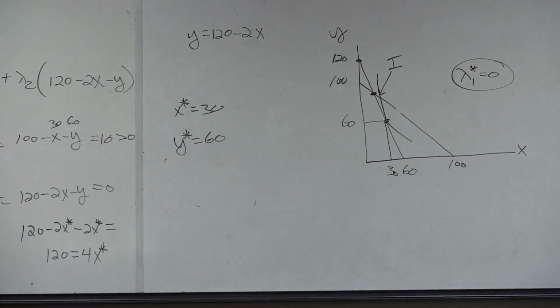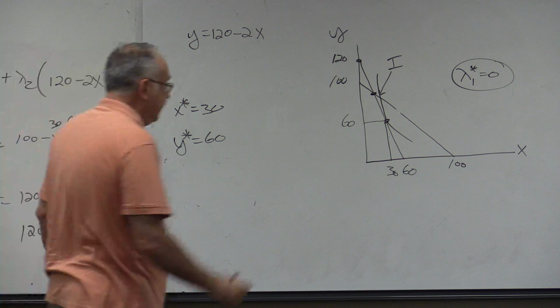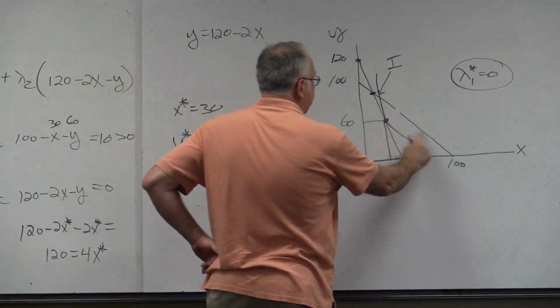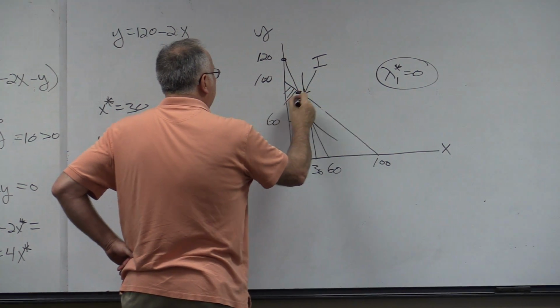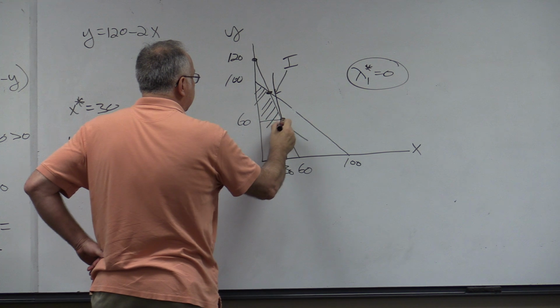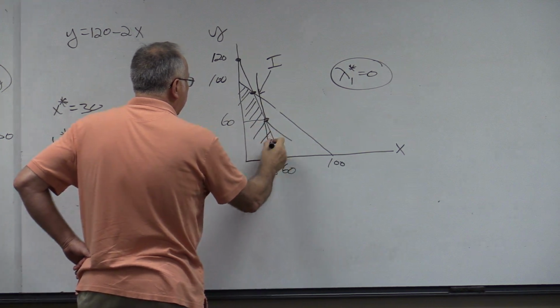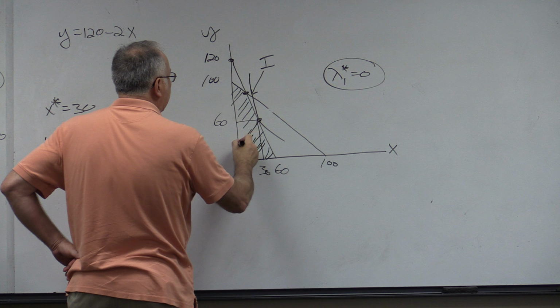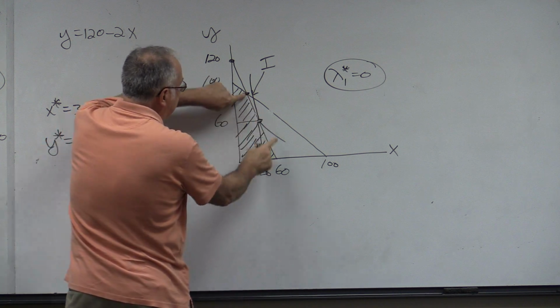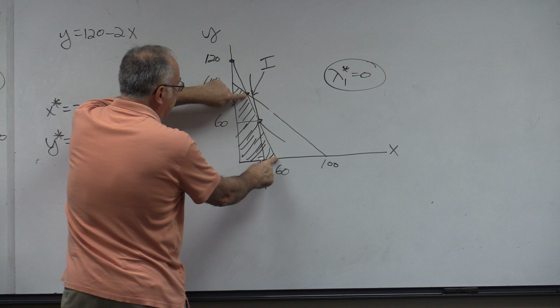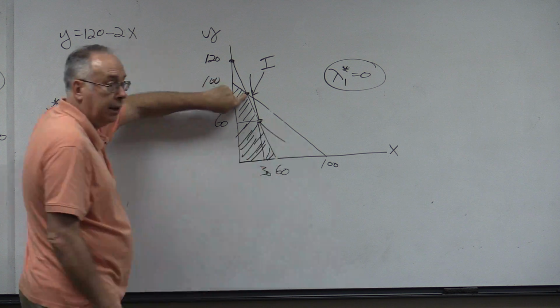Okay. See our feasible region? You have to satisfy both constraints. Here's the income constraint. Here's the coupon constraint. It's the coupon constraint that's more binding in this case. The income constraint isn't binding. So you actually maximize your utility by consuming along this segment here, which means you're not using all your income.